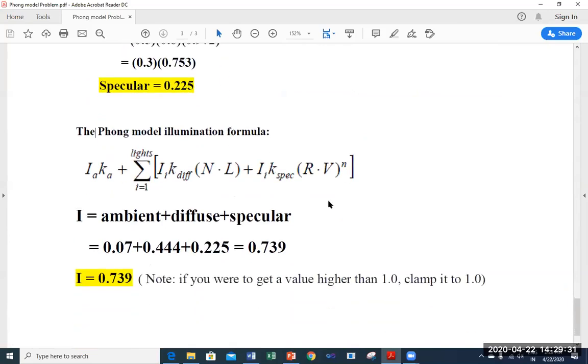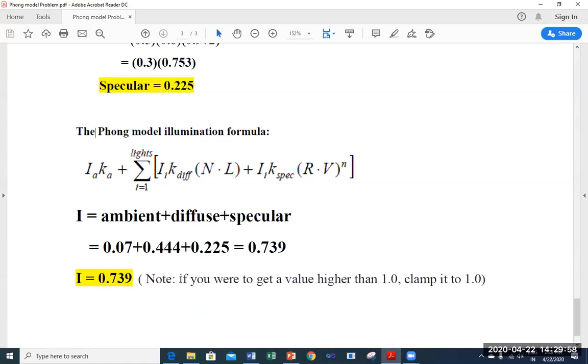Okay, so the summation of all three is going to be your Phong illumination model: ambient plus diffuse plus specular, where you will get the value 0.07 for ambient, 0.444 for diffuse, and 0.225 for specular. So the value is going to be 0.739. So the intensity of the Phong illumination model is 0.739.